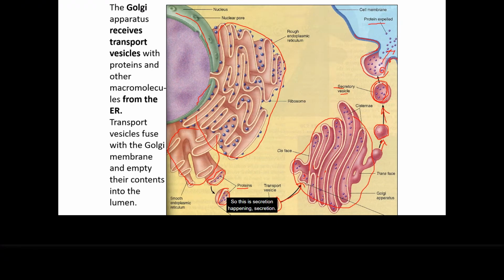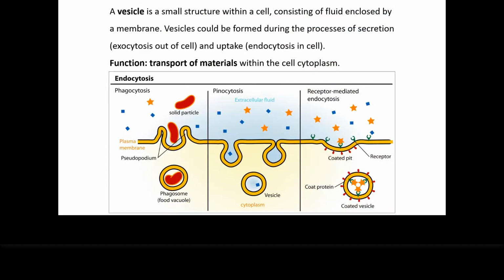This is secretion happening. If this is a cell of the pancreas, maybe insulin is produced here and secreted out. So this is overall how all these organelles work together to perform their function and to secrete something.